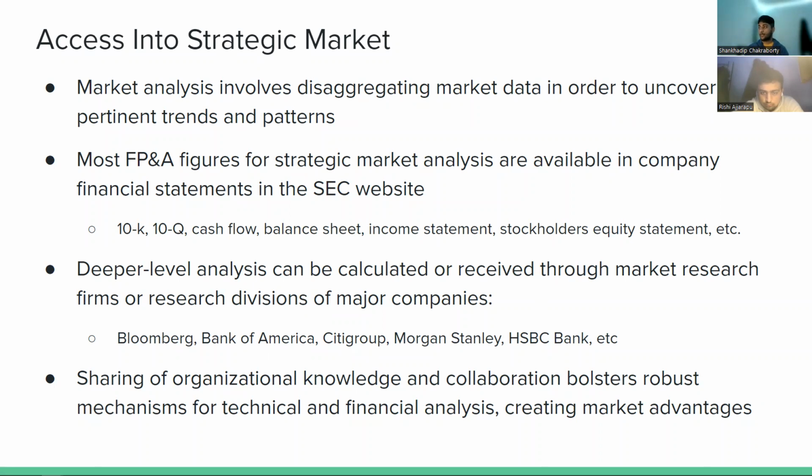Most FP&A figures for strategic market analysis are, as I said, available in company financial statements within the SEC website, in a service known as Edgar, as well as their own companies. If you look up Coca-Cola financial statement, in the Coca-Cola website, in their investor relations page, you'll be able to find their 10K, their 10Q, other statements, even their statement of shareholders' equity, all that kind of stuff.